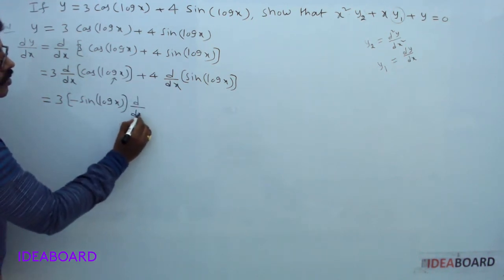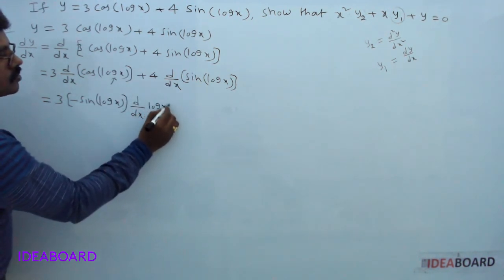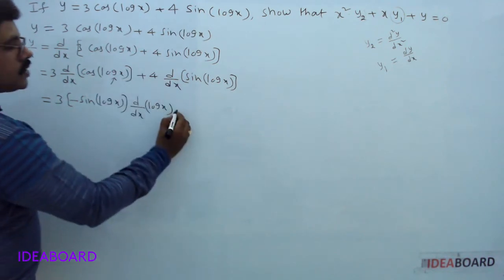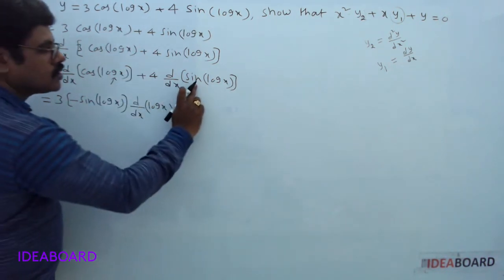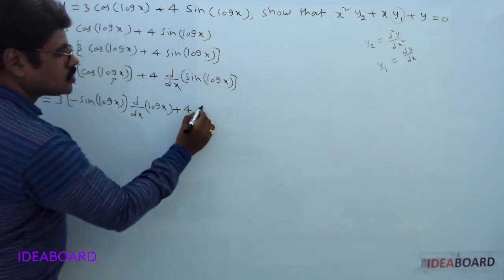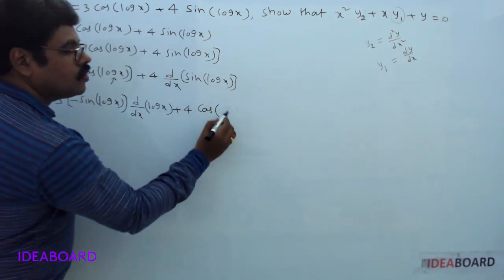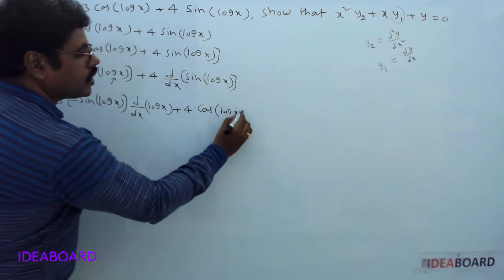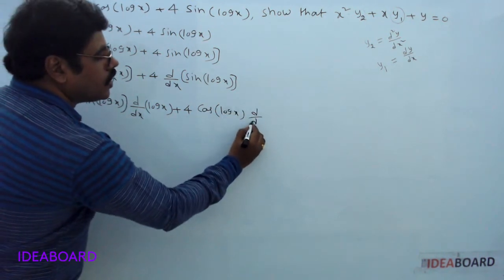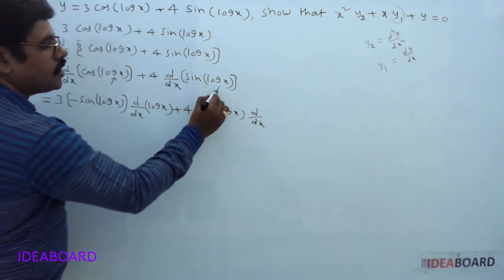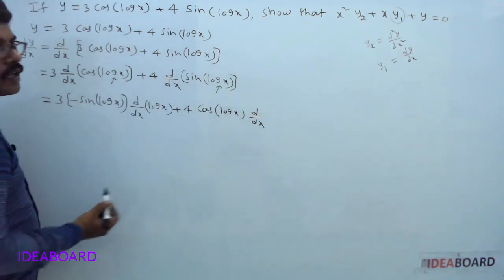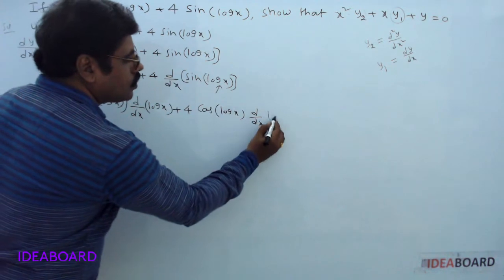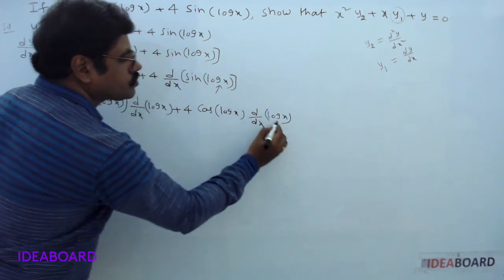So derivative of log x, plus 4 into derivative of sin of log x. So derivative of sin of log x is cos of log x into derivative of the angle of the sin function. Here what is the angle of the sin function? Log x. So derivative of log x.